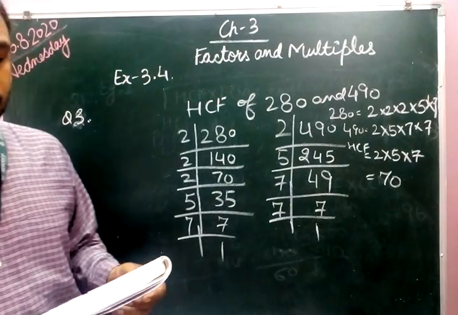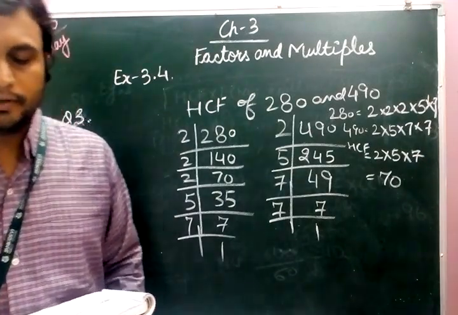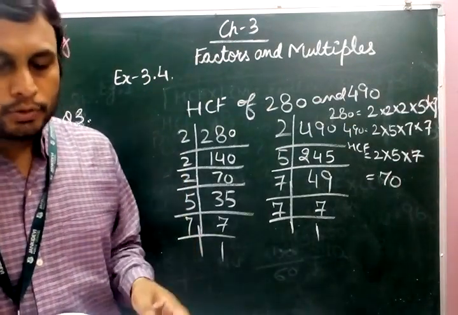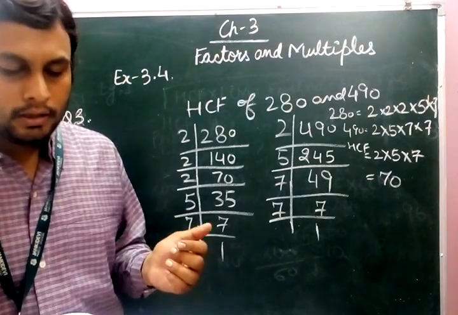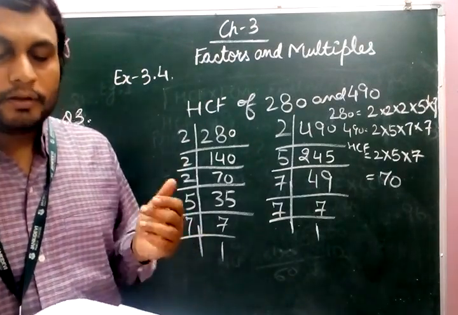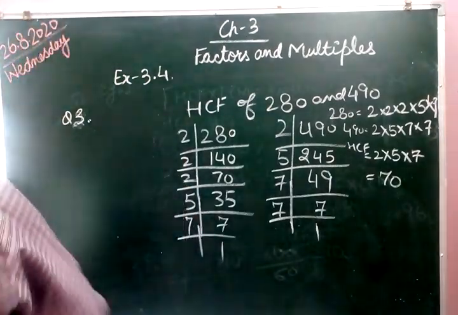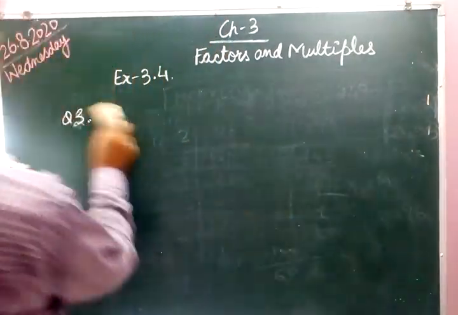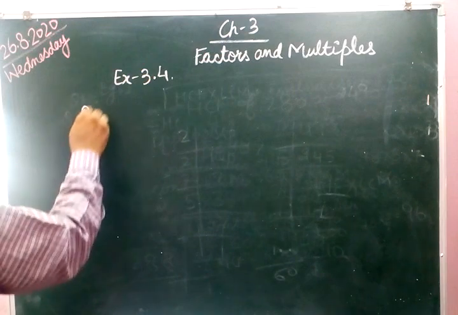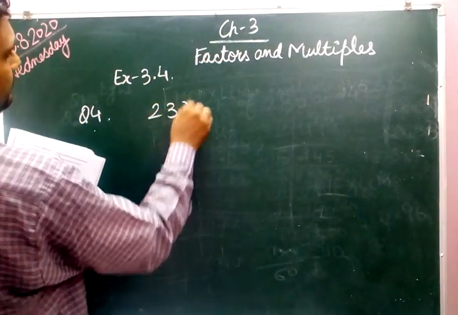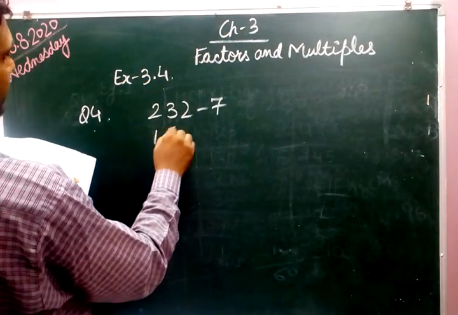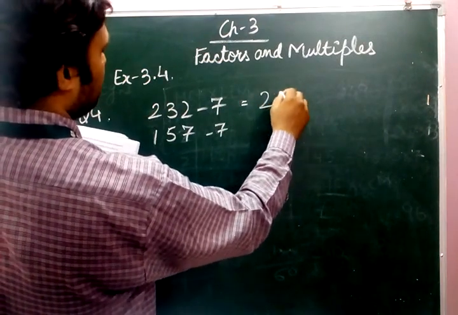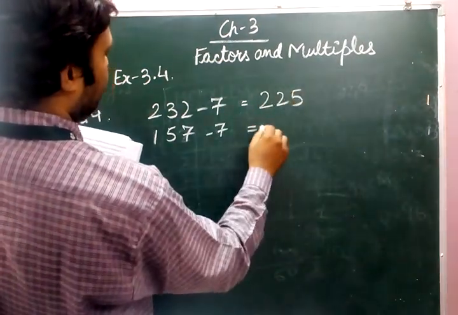Now the fourth question, the largest number that divides 232 and 157 leaving a remainder 7. What you have to do is first subtract 7 from 232 and 7 from 157. 232 minus 7 and 157 minus 7 gives 225 and 150.